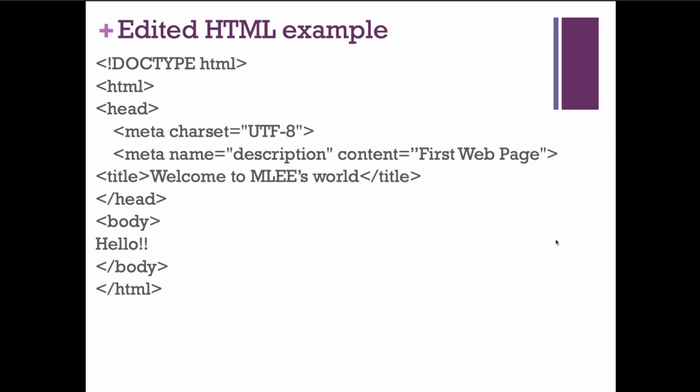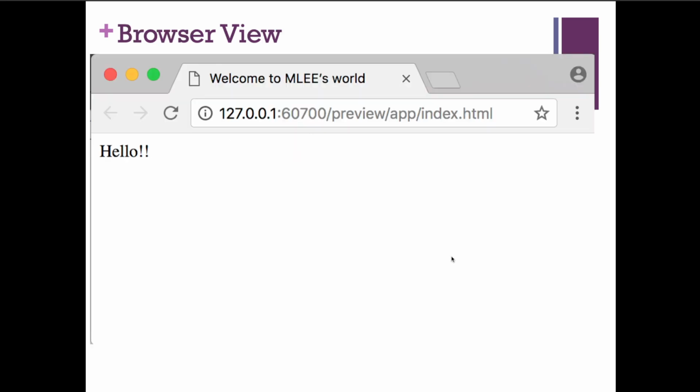Let's render it. And it'll be like this. Because we put hello in between body and closing body, you can see hello. Like I said, body defines the actual visual content, and there was a hello there. That's why it's over here.